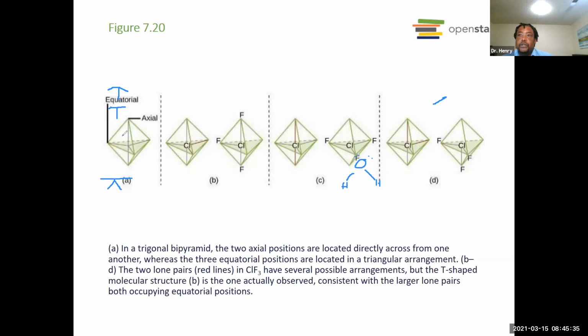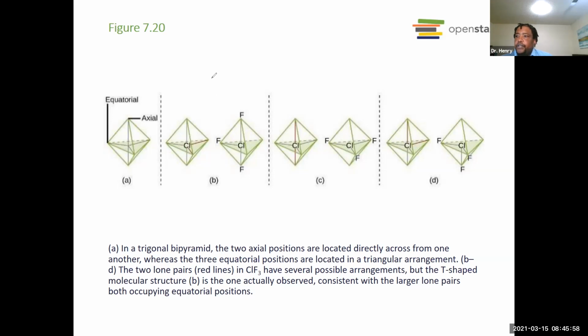Okay, so here's an example of trigonal bipyramidal. We have a top, 3 points, and a bottom, right?